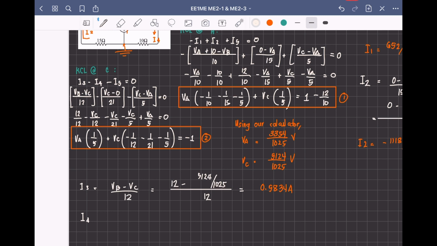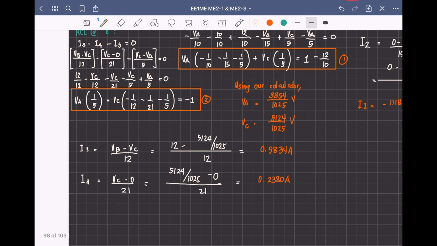Next to that is we can solve for I4. And I4 is equivalent to VC minus 0 all over 21. And VC is 5124 over 1025 minus 0 all over 21 equals 0.2380 amperes. And then last but not the least, we can now solve for I5. So you have there VC minus VA all over 5 ohms.